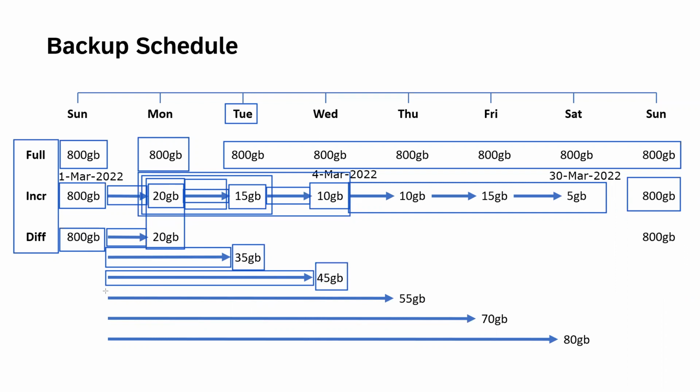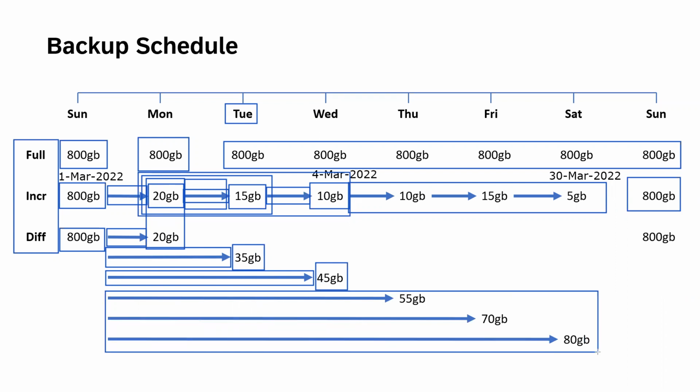It goes on like that, it takes all the changes since the last full backup every day. You can also compare it to a cumulative backup. So, is everybody clear with these backup concepts?